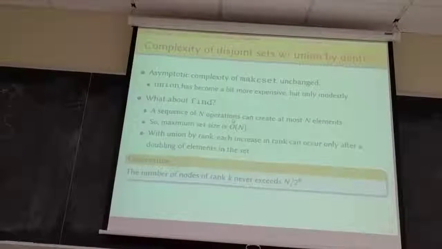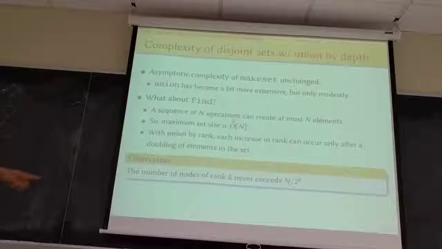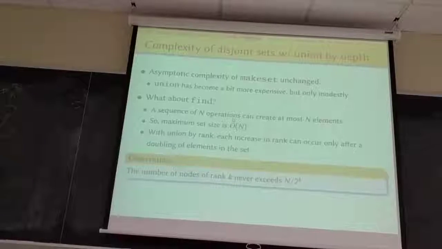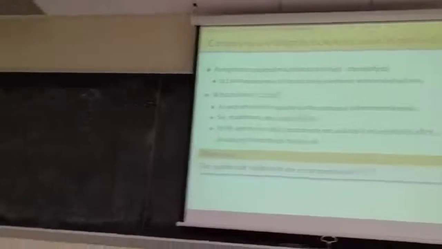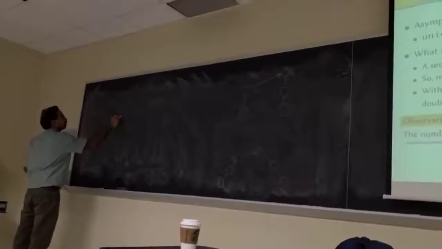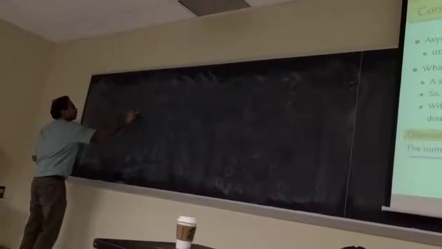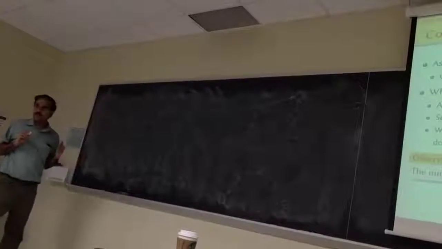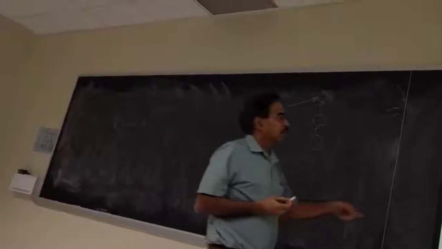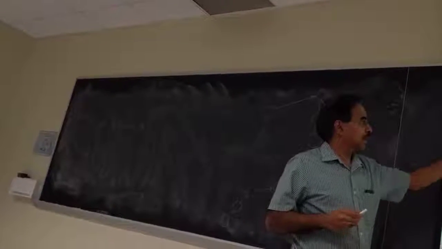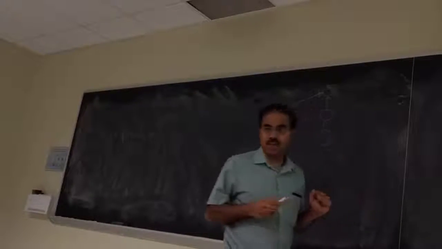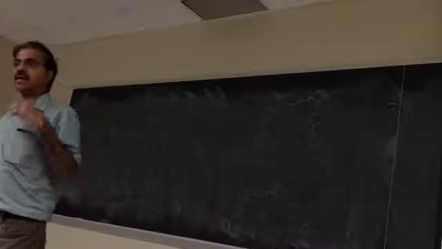So the point here is that if you have a set of rank k, then it's going to have at least 2 to the power k elements, right? Because that's what you get from this observation. Each time the rank increases by 1, you have double the number of elements.